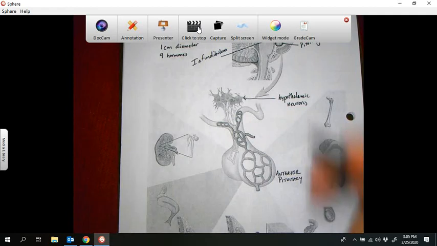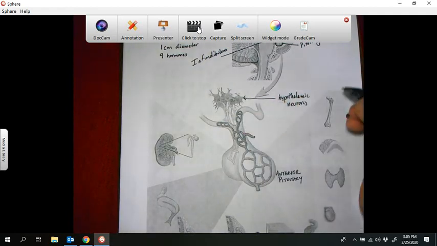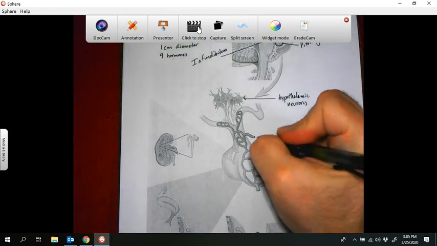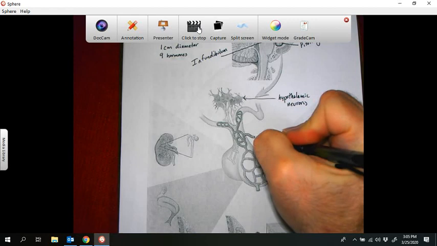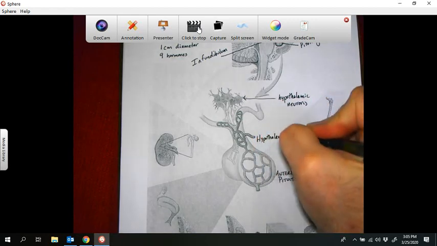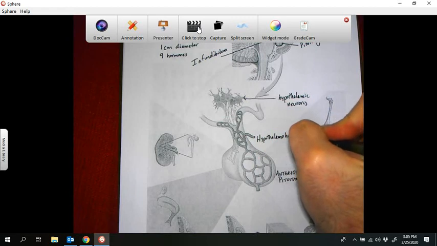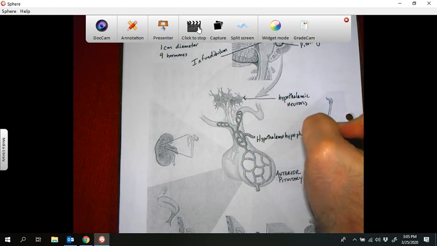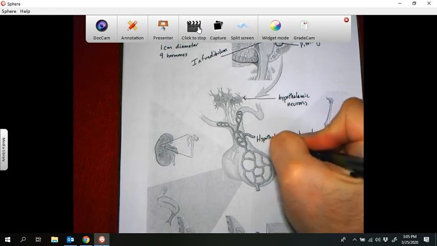And this set of blood vessels has one of the longest names that we're going to see in all of anatomy and physiology. It's called the hypothalamo-hypophyseal portal system.